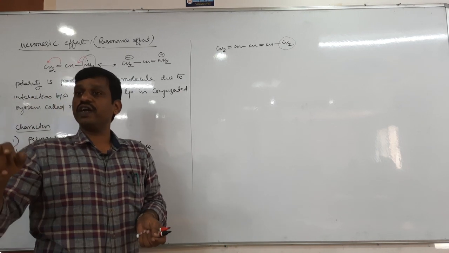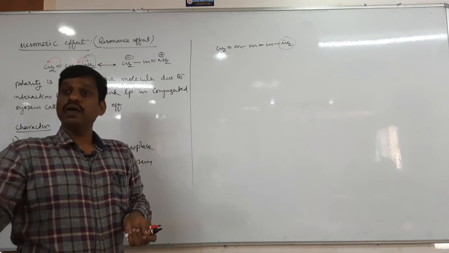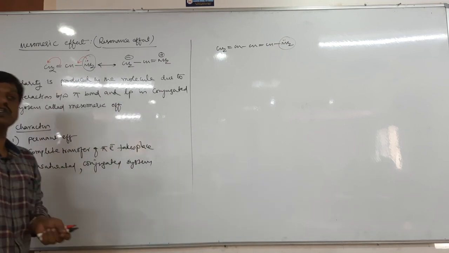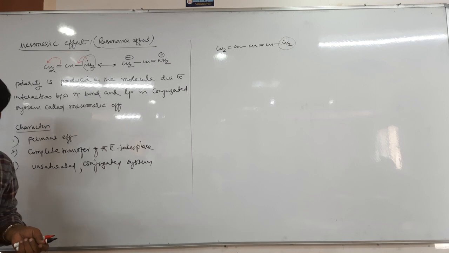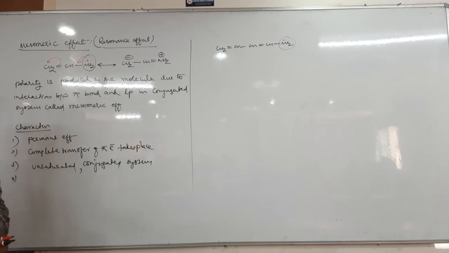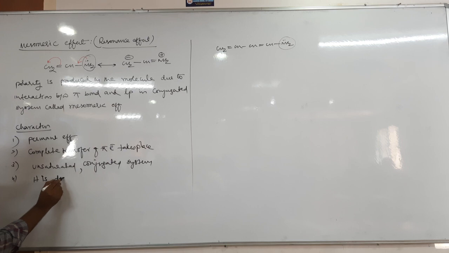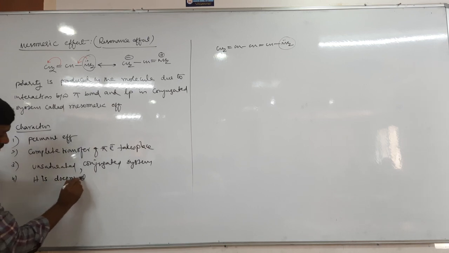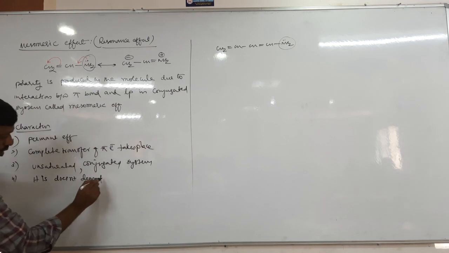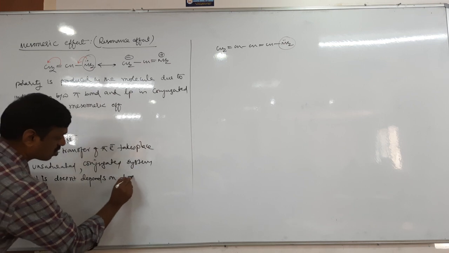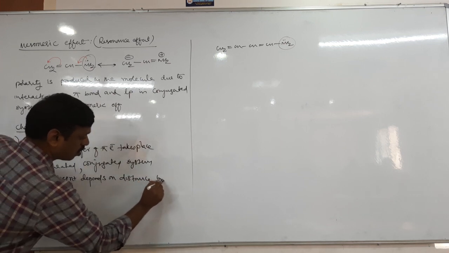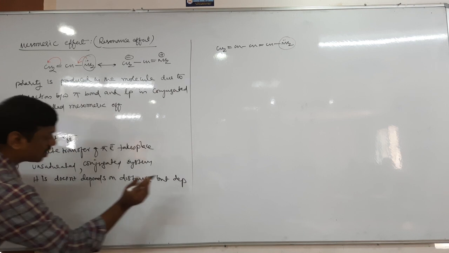Only the inductive effect depends on distance, but the inductive effect does not depend on position. The inductive effect can operate from ortho, meta, para. It operates from all the positions, but not this. Therefore, the fourth characteristic is that it does not depend on distance, but depends on what?